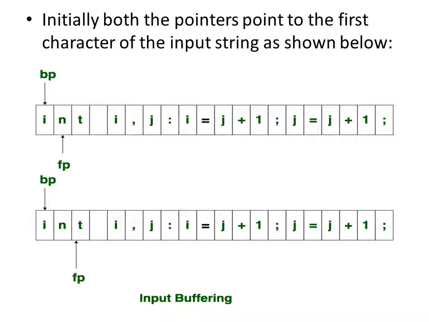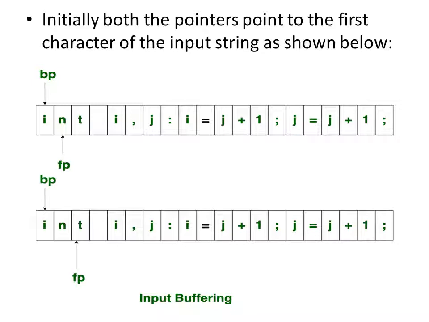And next, for input buffering, the next diagram is this. In the first diagram, the back pointer is representing the first character i, and the forward pointer moves one step ahead to the right, which is the character n in int.